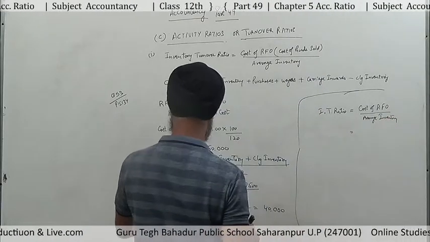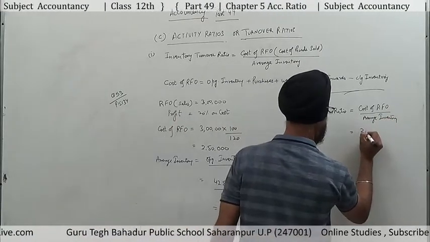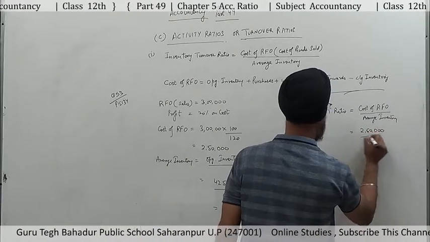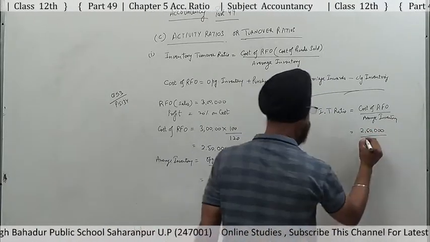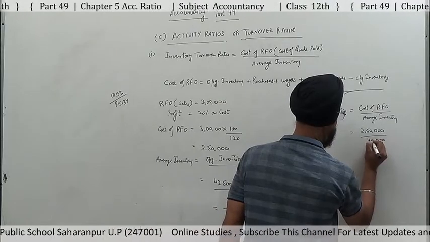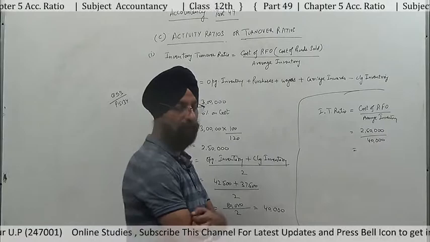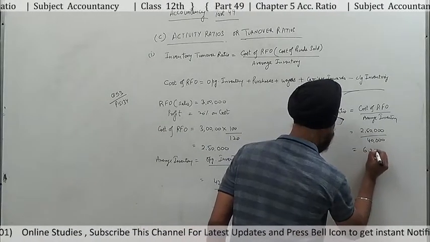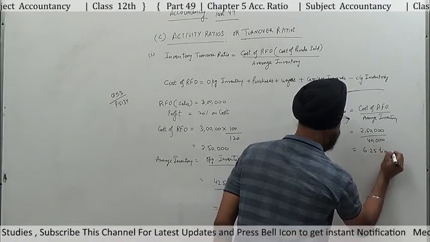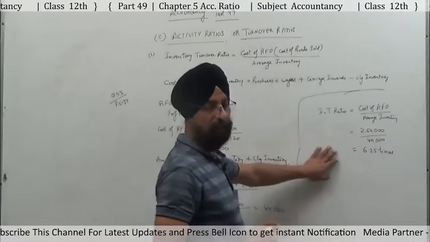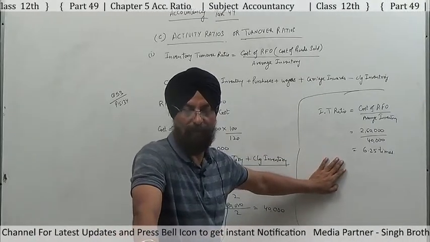Cost of revenue from operation is 2,50,000, and average inventory is 40,000. Now the value comes to 6.25 times. This is the inventory turnover ratio, 6.25 times.